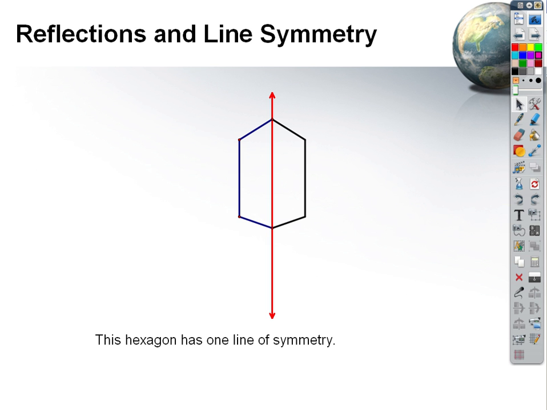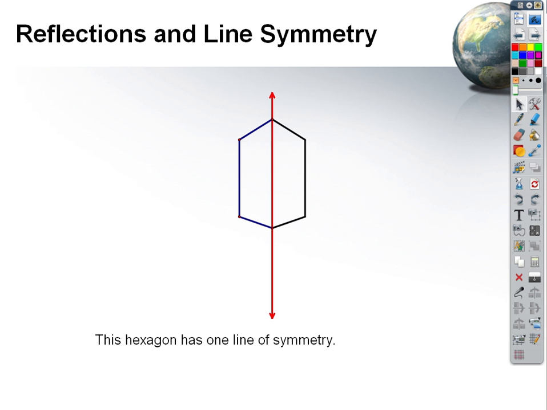If I take this hexagon, a six-sided polygon, would you say it's symmetrical? It's a little bit symmetrical, isn't it? Because if I fold the paper right down the middle, I can get it to overlap perfectly. Are there any other lines I could draw on this one that would make it do that?